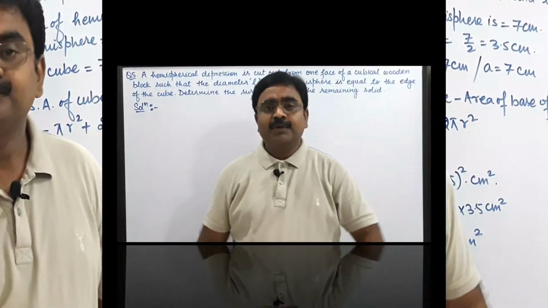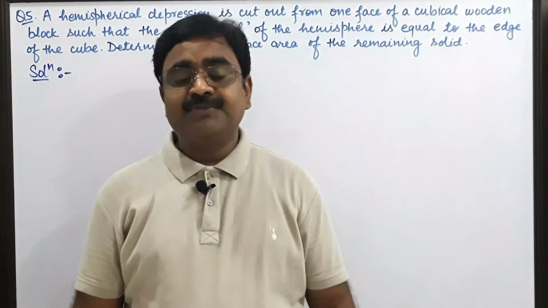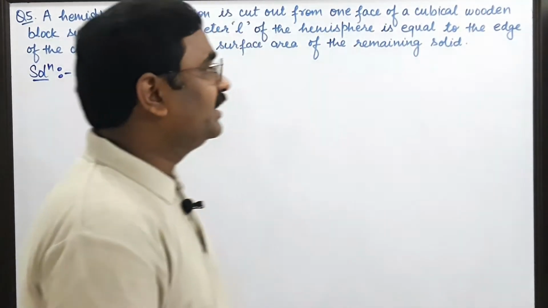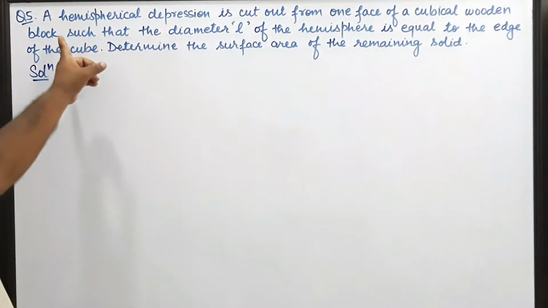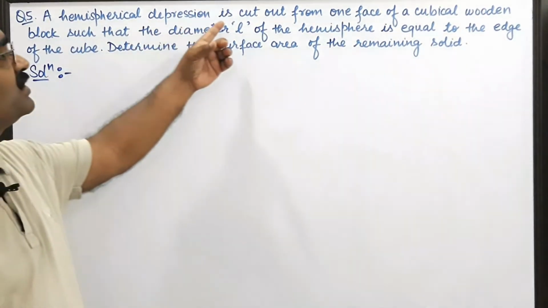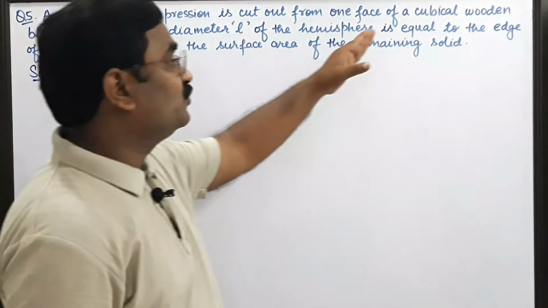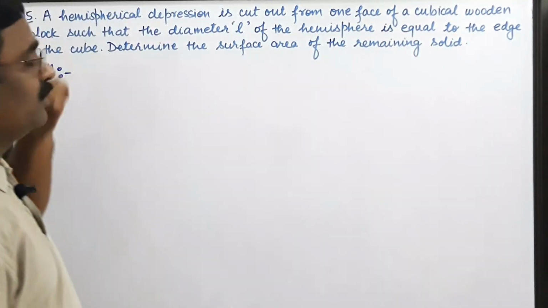Okay friends, let's start question number 5 and see. In this question it is given that a hemispherical depression is cut out from one face of a cubical wooden block.